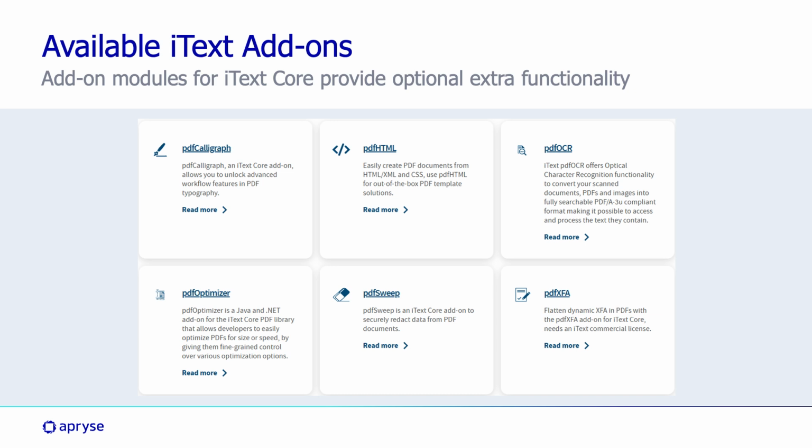But unfortunately, I think because of its complexity, and with the advent of HTML5 and all these things, it didn't end up gaining the momentum. I guess there wasn't a need anymore for this technology. But there are still a lot of documents out there that rely on XFA, so you can use this add-on to flatten, to convert a dynamic XFA document into a regular PDF file.